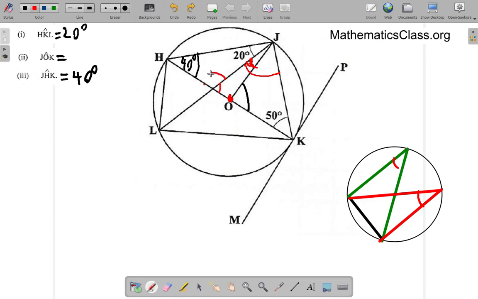This angle here would be what? 40 and 20 is 60, and 180 is the total angle, so this will be 120 here. This would be 60, straight line, 120 plus 60, 180, 60.